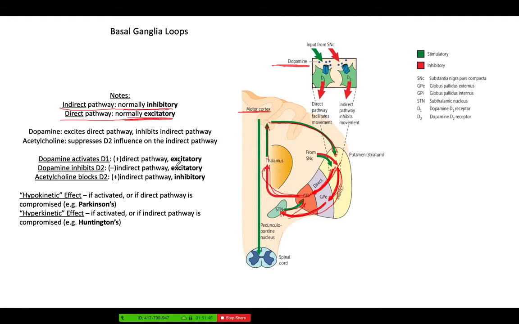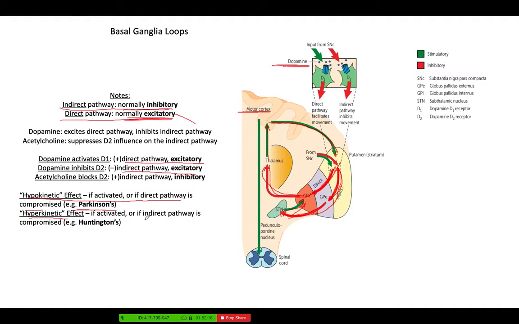Okay, so it excites the direct pathway, which leads to more excitation, and inhibits the indirect pathway, leading to excitation, right? Because the indirect pathway is inhibitory, right? And so this has a lot of important parallels for Parkinson's disease. If the direct pathway is compromised, we will see symptoms of Parkinson's disease with decreased movement.